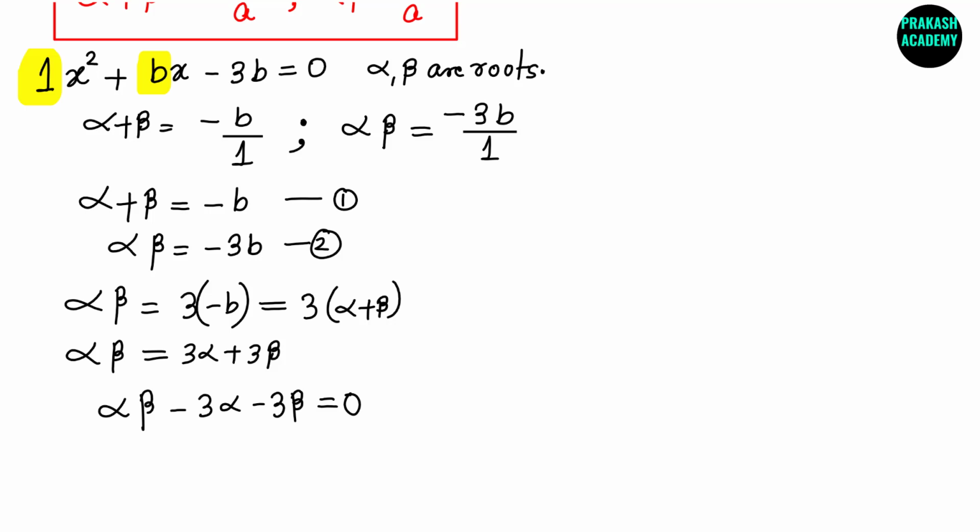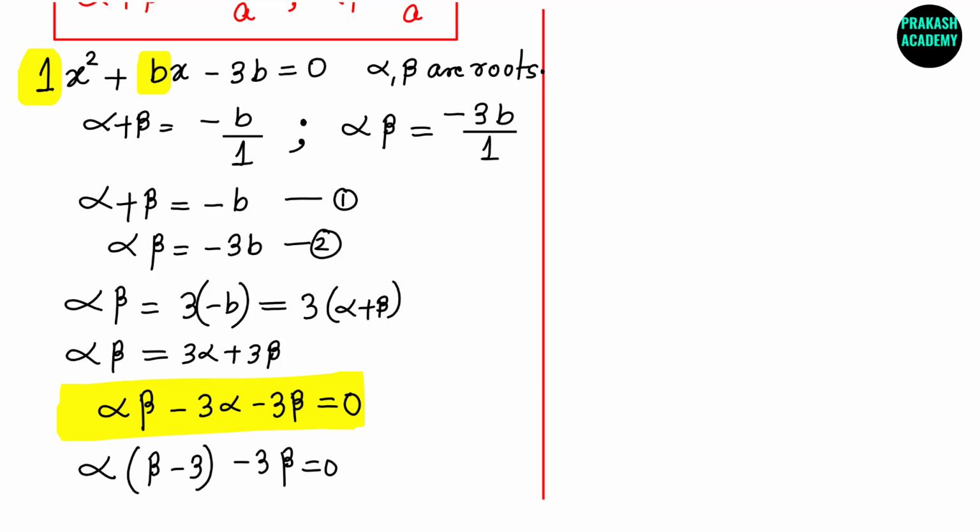So let us try to factorize this. If I take alpha common, then we will have alpha times beta minus 3 minus 3 beta is equal to 0.